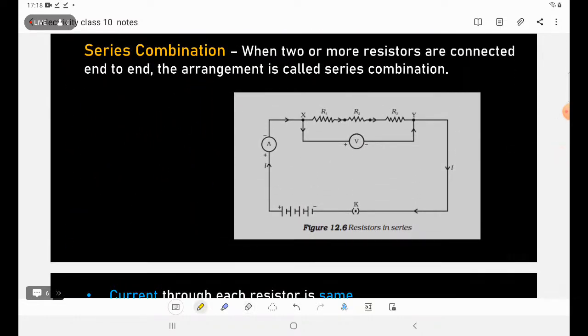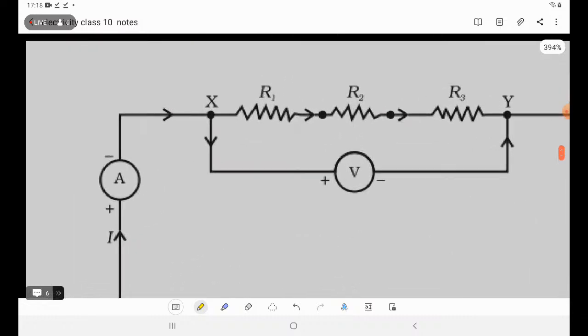Let us do it for the series. So in series, the current that is passing is in a straight line, right? The same amount of current will pass through here, and the same amount here also.